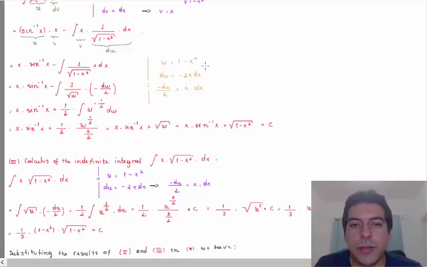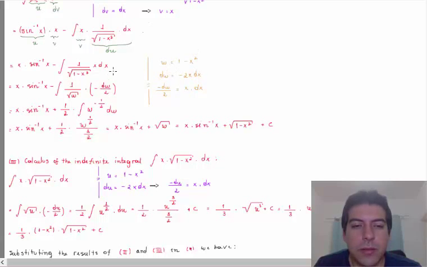Performing another substitution, calling w as 1 minus x squared, if we apply the derivative on both sides, we can conclude that dw is equal to minus 2x dx. Therefore, if I put this 2 beneath dw, we have minus dw over 2 is equal to x dx.